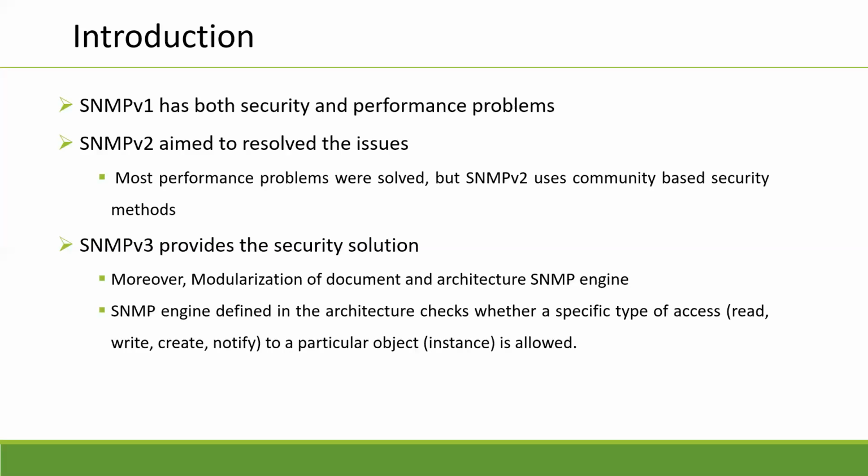Third, keep SNMP as simple as possible, allowing for minimal implementation. Fourth, support more complex features which are required in large networks. Final point, reuse existing specifications whenever possible. These are the goals we are going to achieve with version 3.